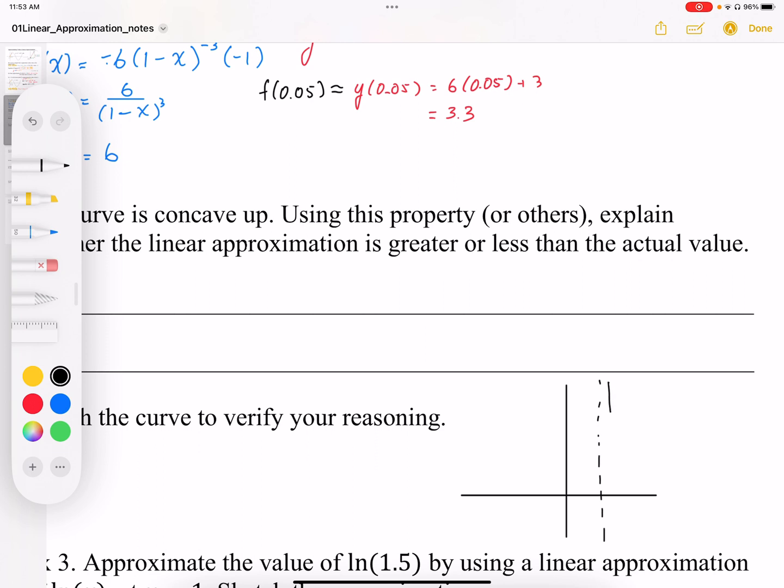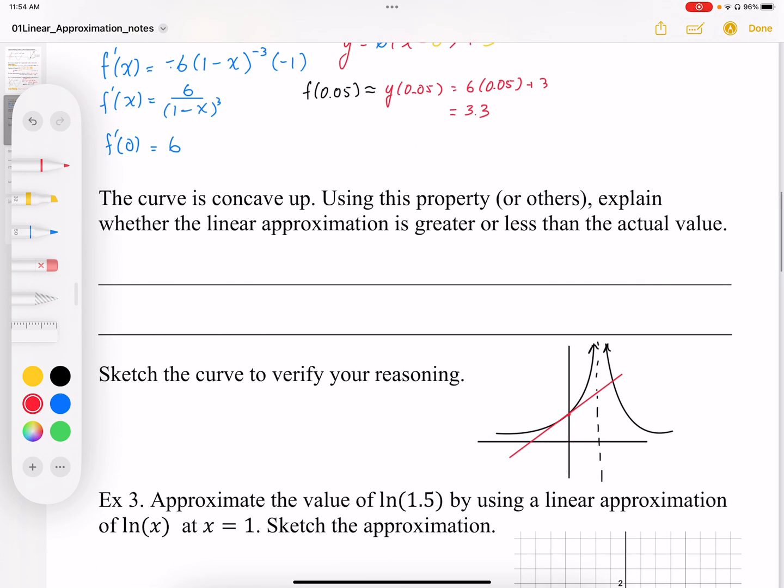And it's going to be curving something like that, and curving something like that. Okay, and at x equals 0, we have that coordinate, and this point of tangency generates a tangent line that looks something like that. Now the slopes are a little off, but that's essentially what it looks like.